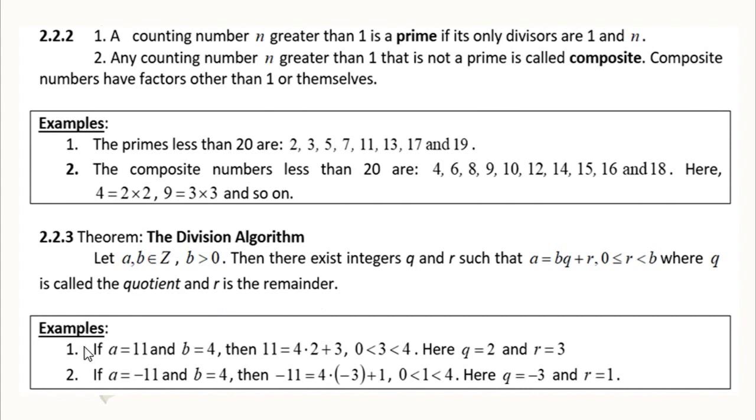So, example, we have here A is equal to 11 and B is equal to 4. Then, we can have this 11 equals 4 times 2 plus 3, where 3 is greater than 0 but less than 4. So, here Q is 2 and R is 3.